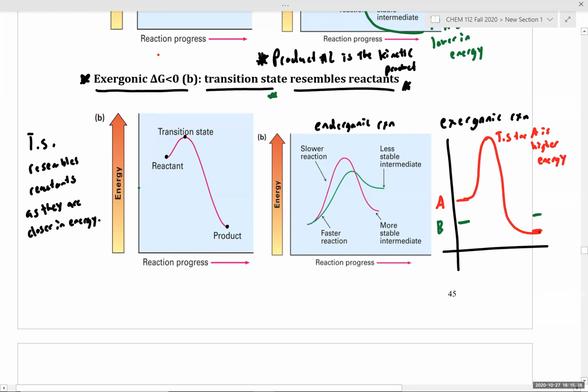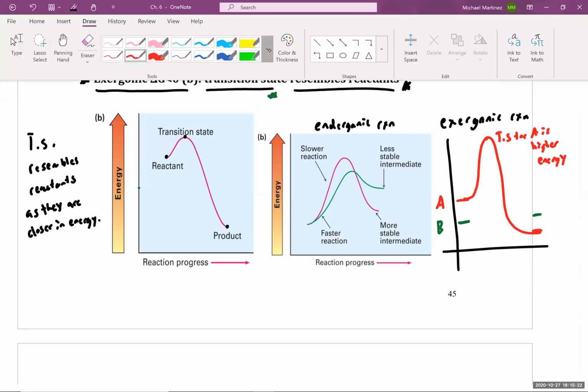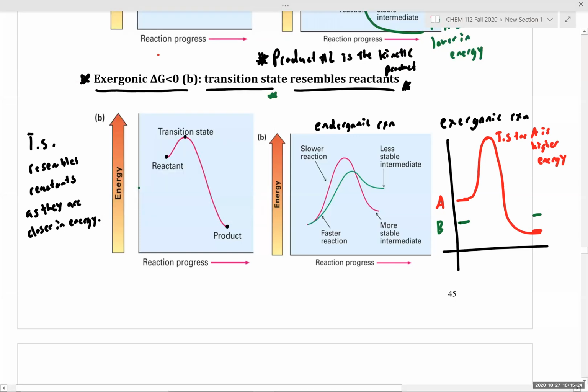So this is what a typical pathway would look like for pathway A. Comparatively, because reactant B is lower in energy, it in turn would have a lower energy transition state.